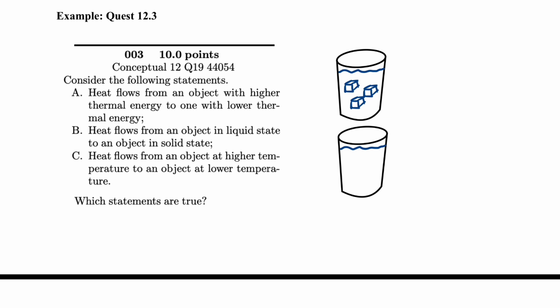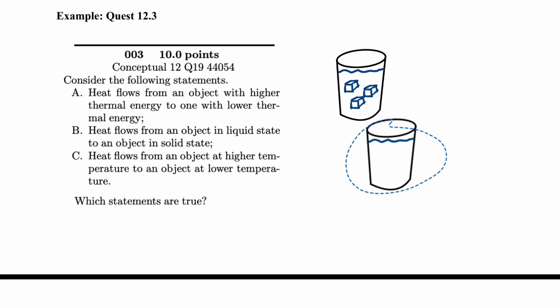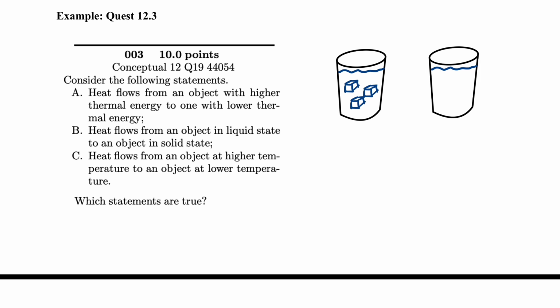The question is, how do you think the water will feel from here to here? So this is the moment right when we put the ice cubes in, and then this is when they melted away. I think most of us will say this will feel colder, and that is going to give us insight about the direction of heat flow. In this case, this happened first, this happened after.